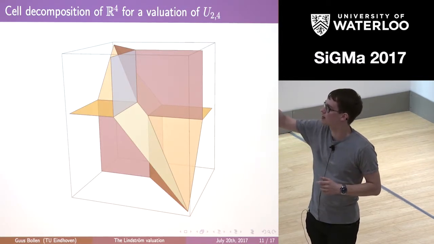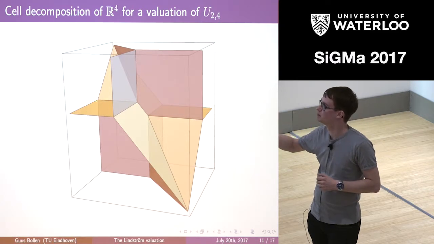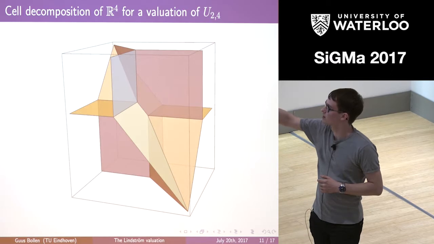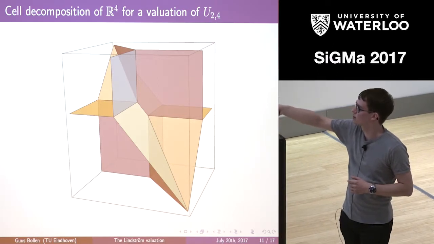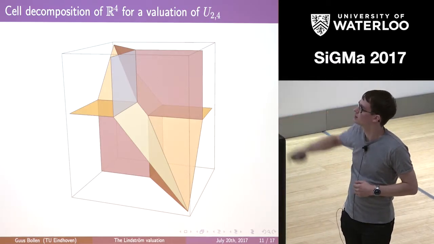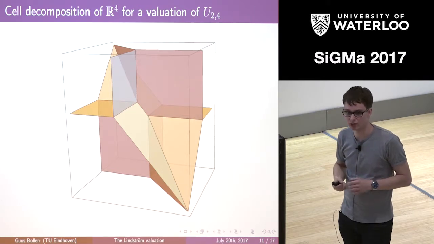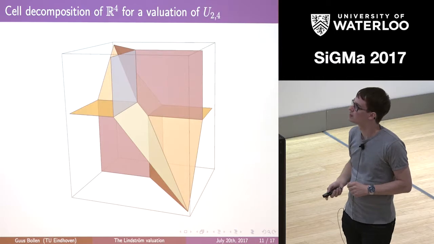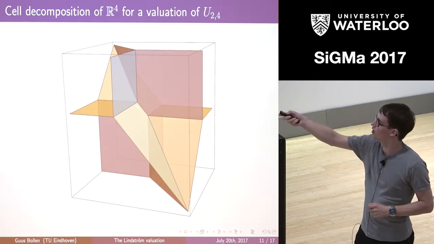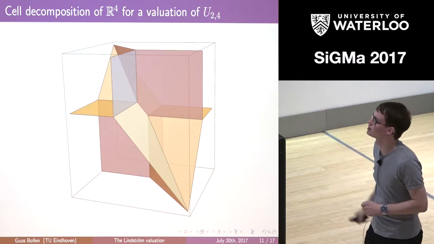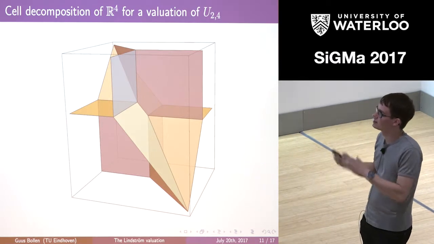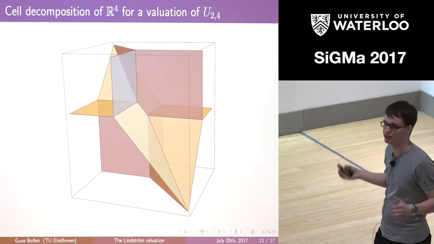So all the points alpha in a cell have the same matroid. These maximal cells out here, these three-dimensional cells, correspond to the matroid where there is only one basis. Whereas these points here, they are two connected matroids. So this is in fact a tropical linear space.